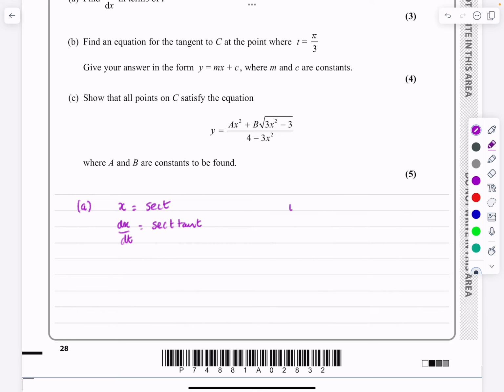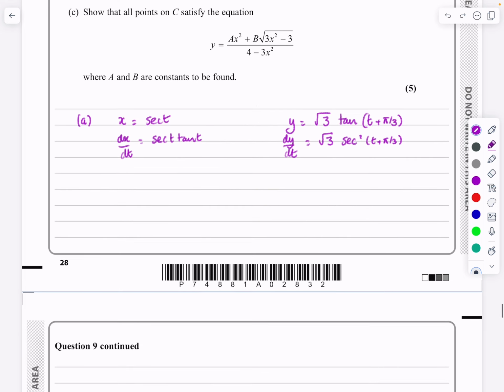And if I've got y is equal to root 3 tan (t plus pi over 3). That doesn't look very nice, but it's actually not that difficult to differentiate. When we're differentiating, well, the root 3 doesn't change, does it? And the differential of tan is just sec squared. So it's sec squared (t plus pi over 3). And because we've only got a t in there, there's no complications about multiplying by the differential. We just get that as being dy by dt.